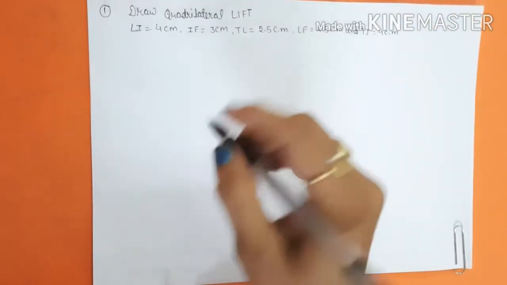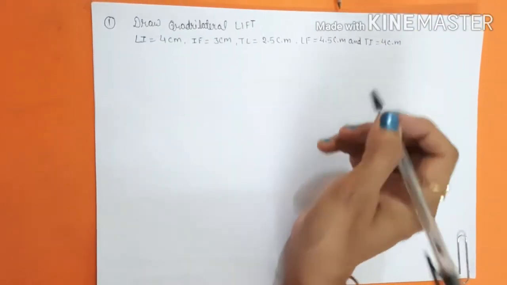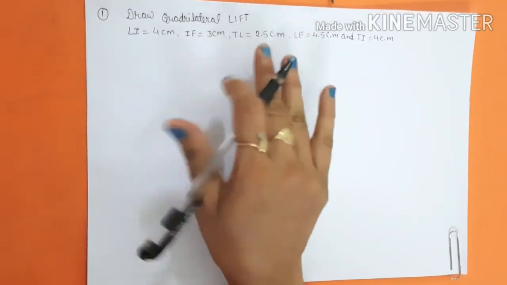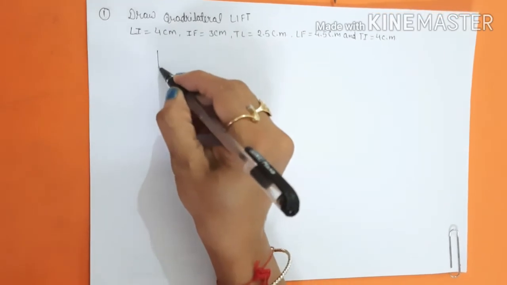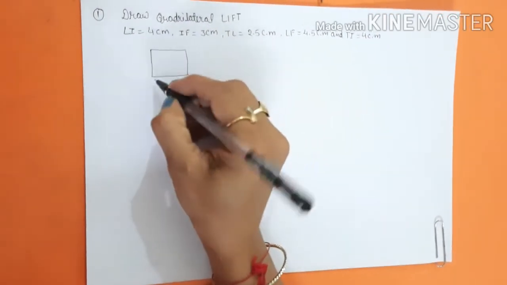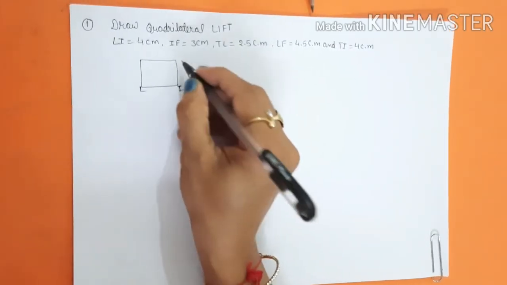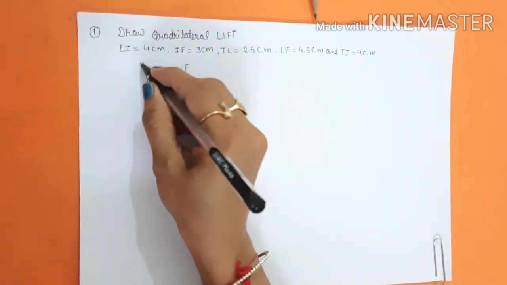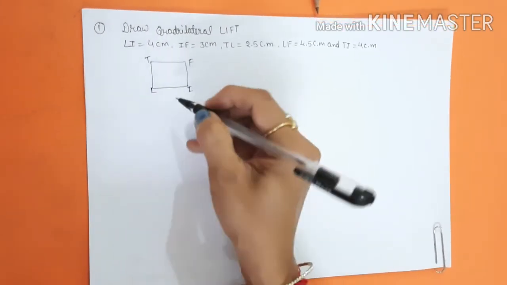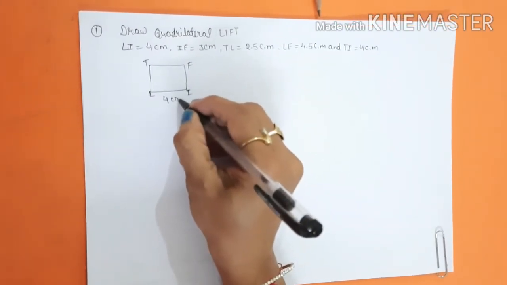So, same process. First we'll draw a rough sketch. Here 3 sides and 2 diagonals are given. Suppose this is a quadrilateral L, I, F and T. This quadrilateral we have to construct. Now what is given? LI is given 4 centimeter.